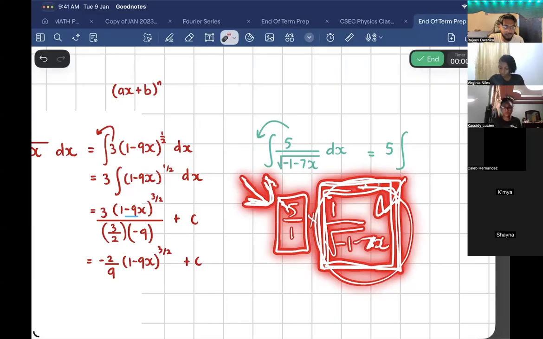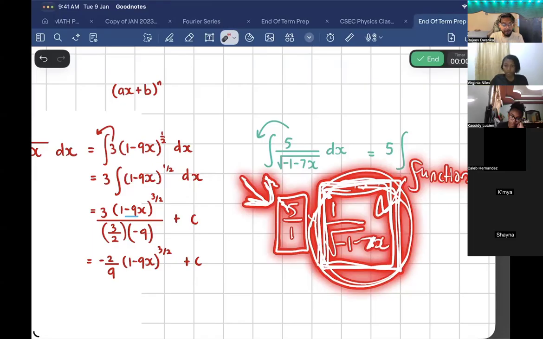This is the function here. The function is what has a variable in it, and the function is being multiplied by a constant. Exactly. So you could pull out that constant because what you really care about is the function. When you integrate a constant of multiplication, nothing's going to change. So you're really integrating the function, and when you integrate the function, you'll multiply by 5 again. It's 5 by the function.